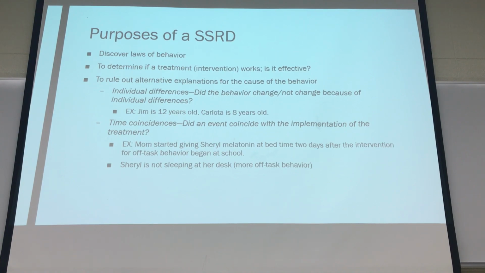Two types of alternative explanations. Individual differences. I'm different from you, and maybe because I'm different from you, that explains the change in behavior. We've got to rule that out, that our change in behavior is not due to individual differences.